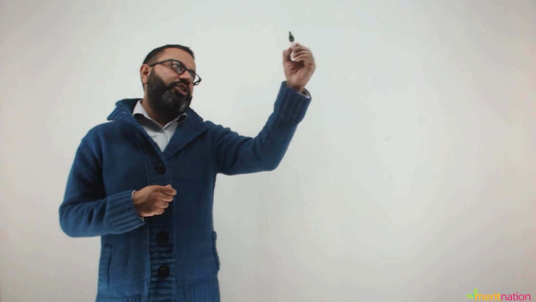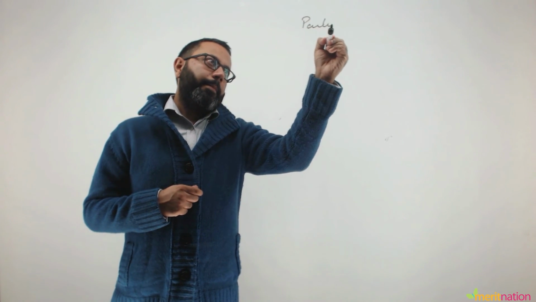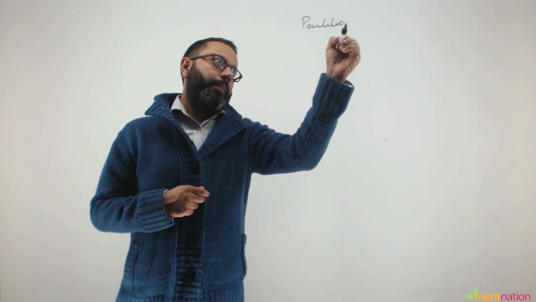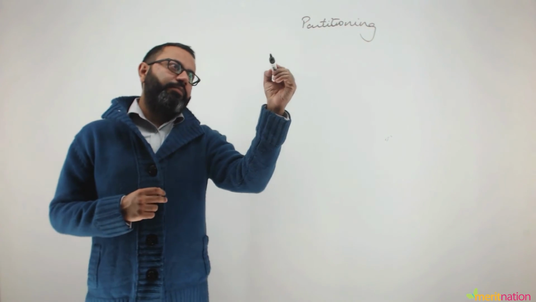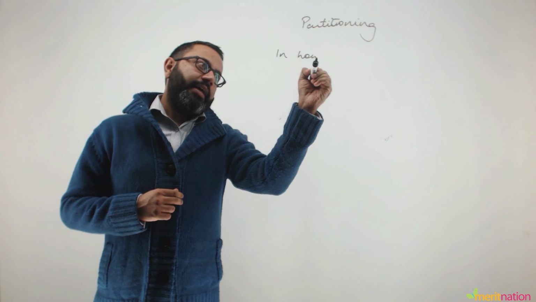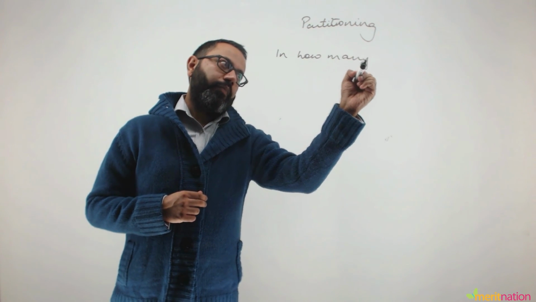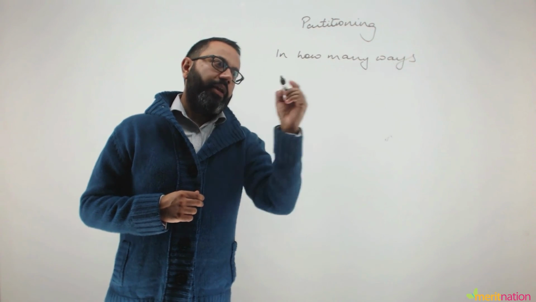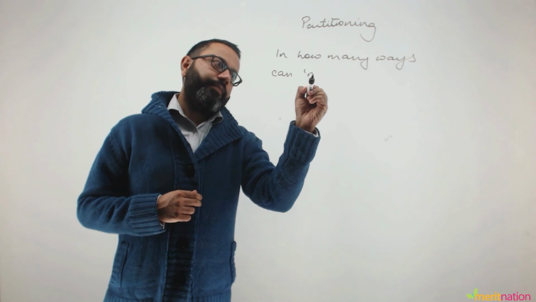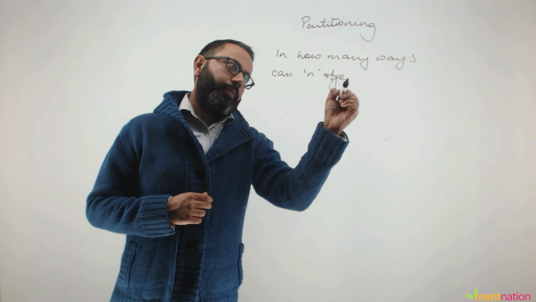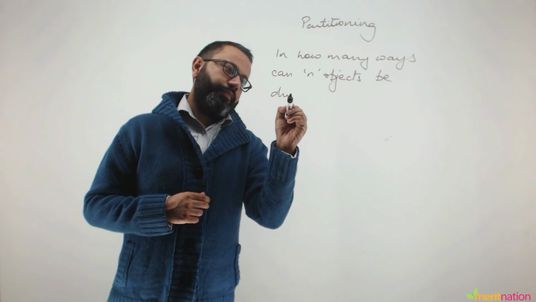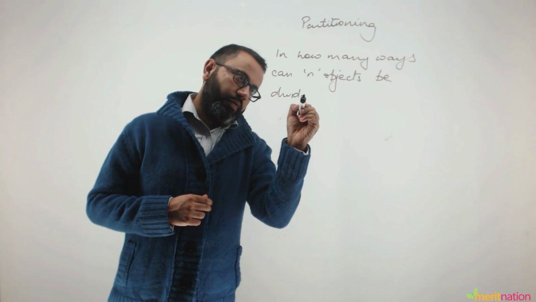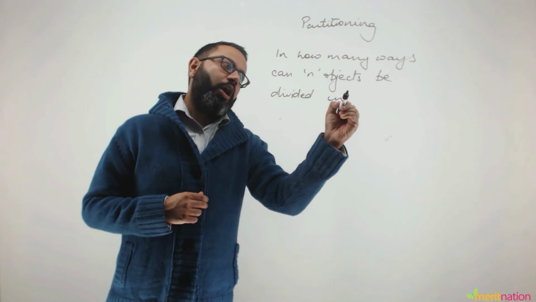This is the formula for arrangements with repetition. Let us now come to partitioning. Partitioning asks the simple question: in how many ways can n objects be divided into R boxes?